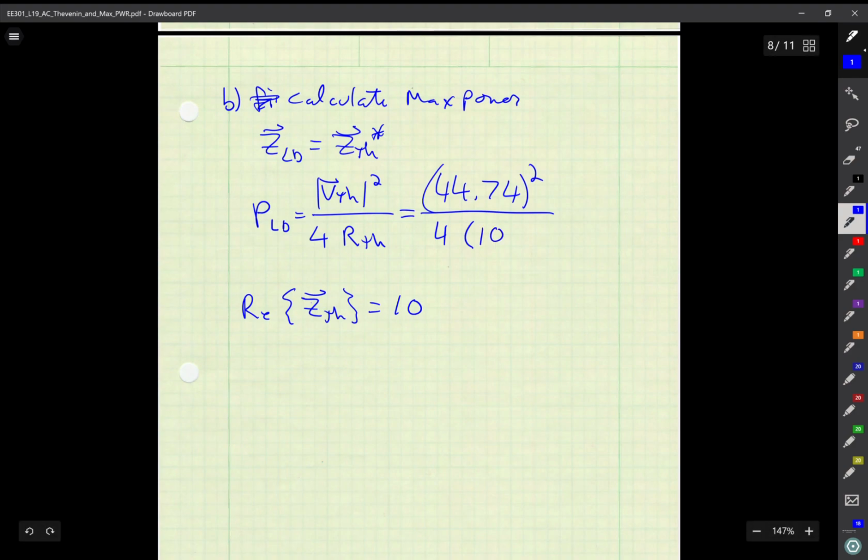And so it's going to be 4 times 10 in the denominator. And now P load is equal to 50 watts. And that's my answer.